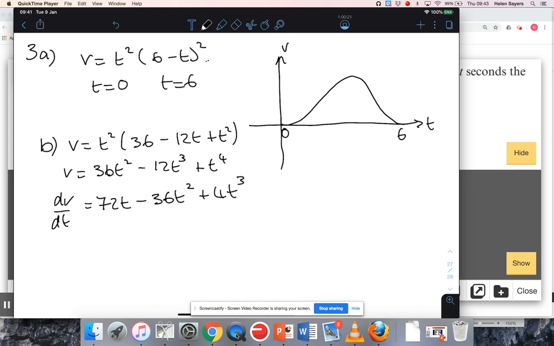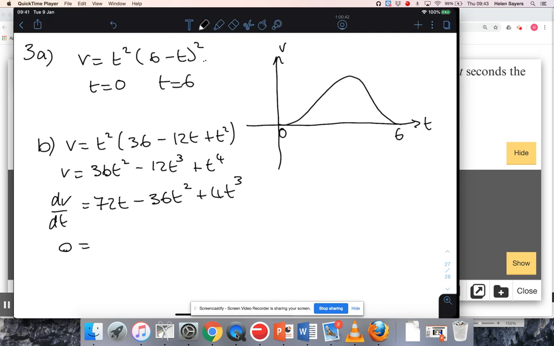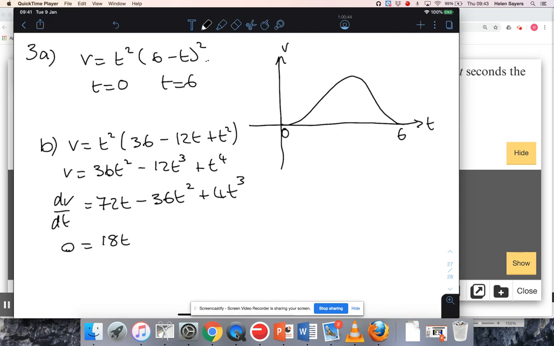I'm after a stationary point, so I'm after when that is 0. I can take 4t out as a common factor, so I can cancel through by the 4 completely. Let's just do that in 2 stages. So I cancel through by 4, I get that.